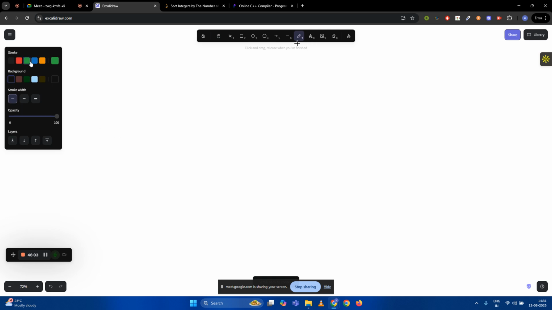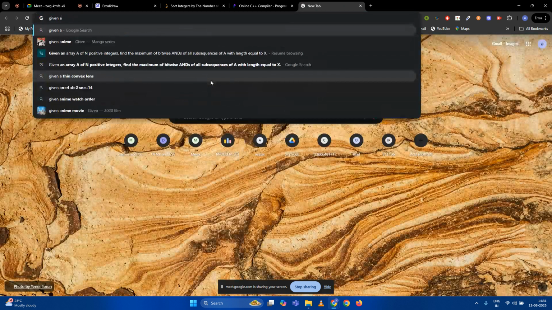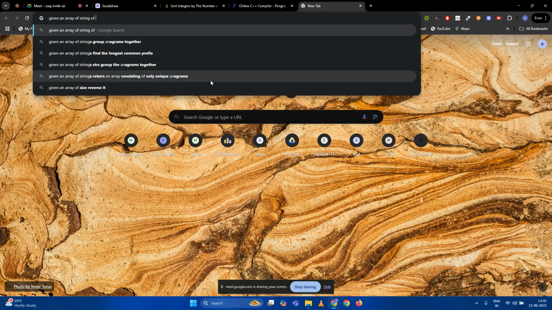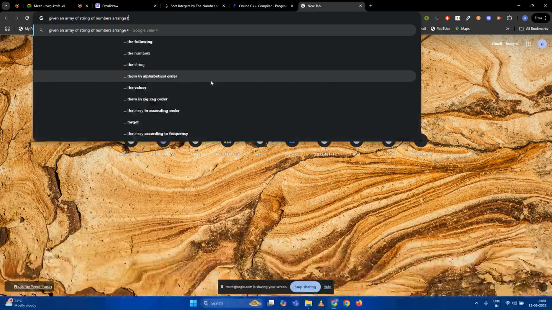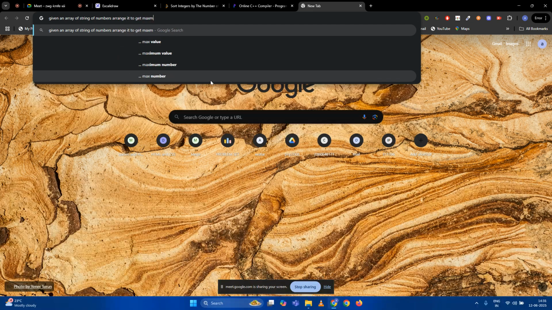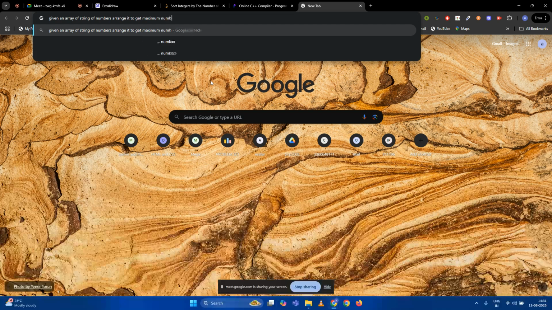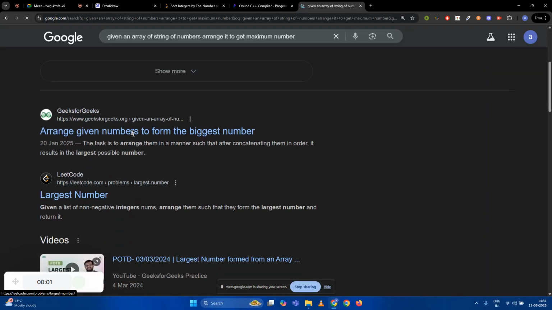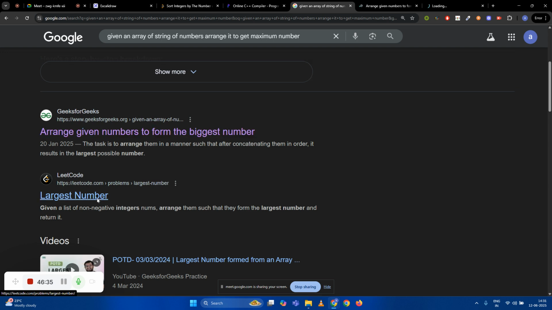Now, there's an interesting problem. Now let me ask you one thing. This problem is asked in one of the interviews. The problem is very clear. Let's say you are having an array. Given an array of strings of numbers, arrange it to get the maximum number.